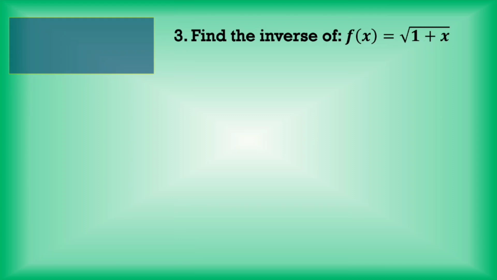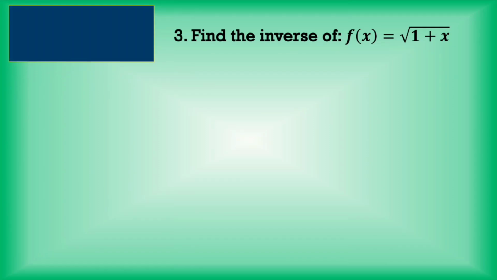Let's try example number 3. This one is an example of a radical function. I will give you different kinds of functions that can be asked in finding the inverse. Again, just follow the process. We change f of x to y.